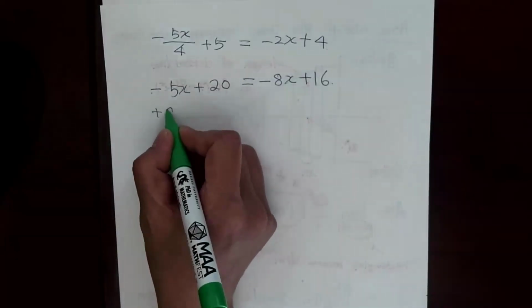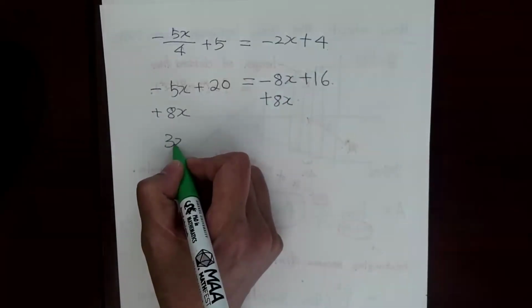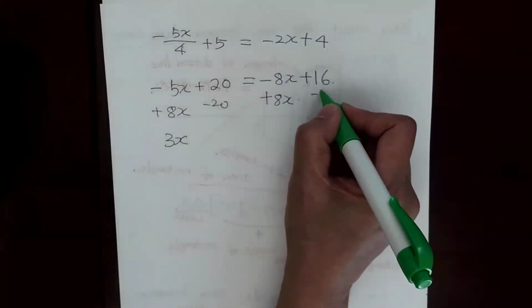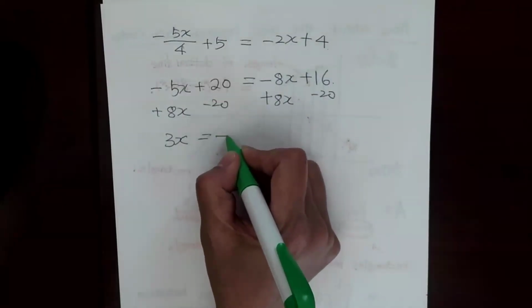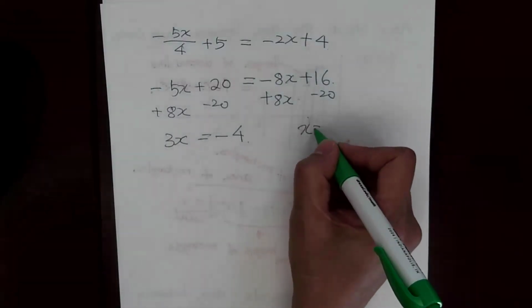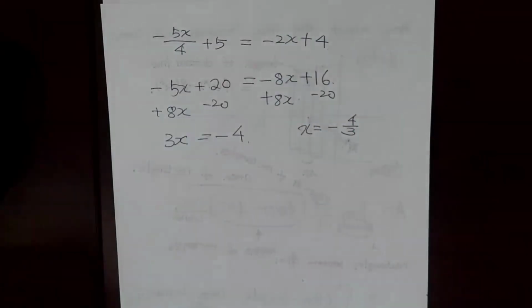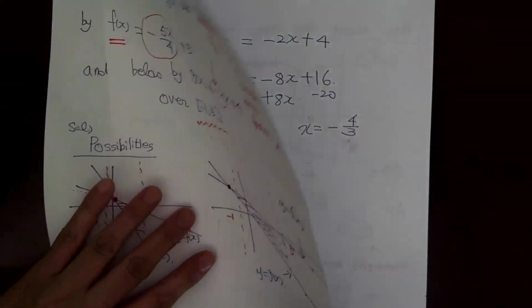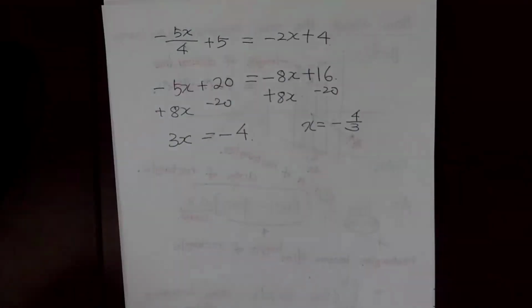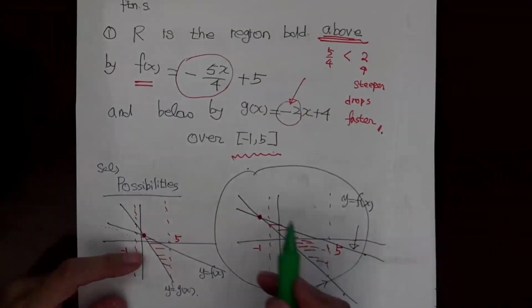And we add 8x on both sides. Then we have 3x, and we subtract 20 on both sides. Then we have -4. So we have x equals -4/3, right? So that means this one is the case. So we just integrate from -1 to 5 because f will always be larger in that region.